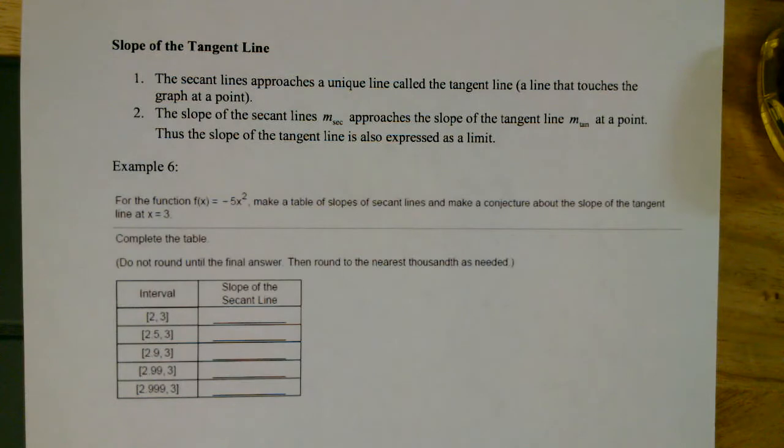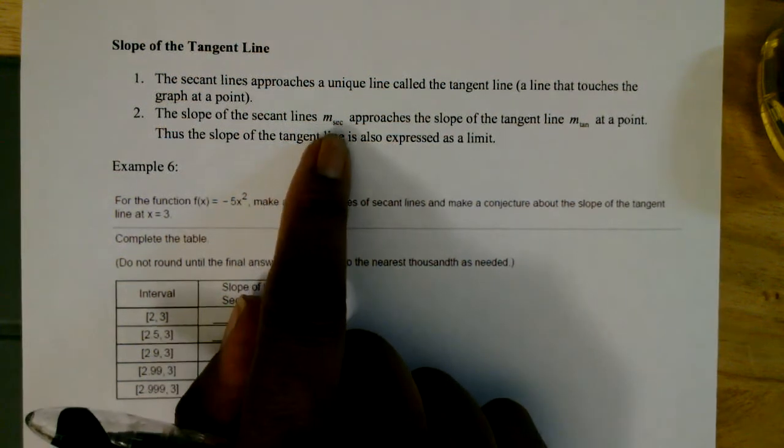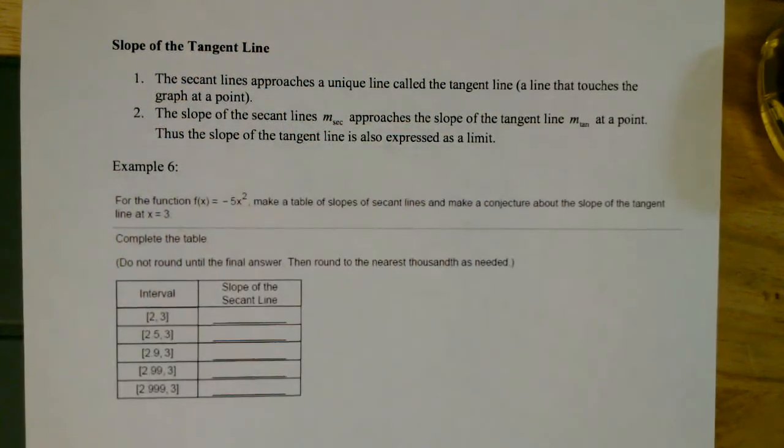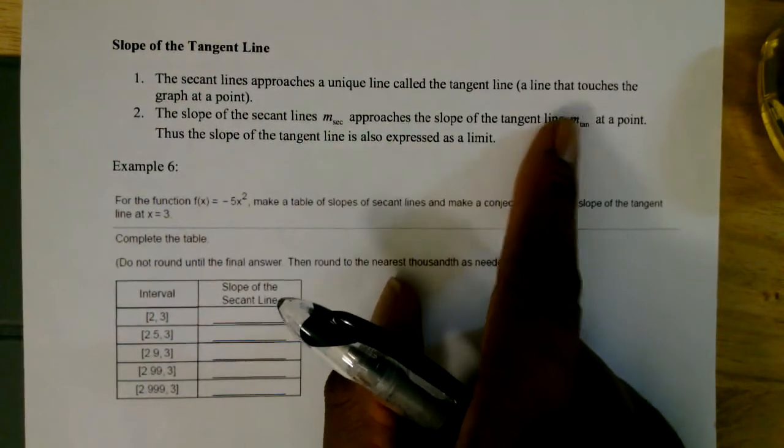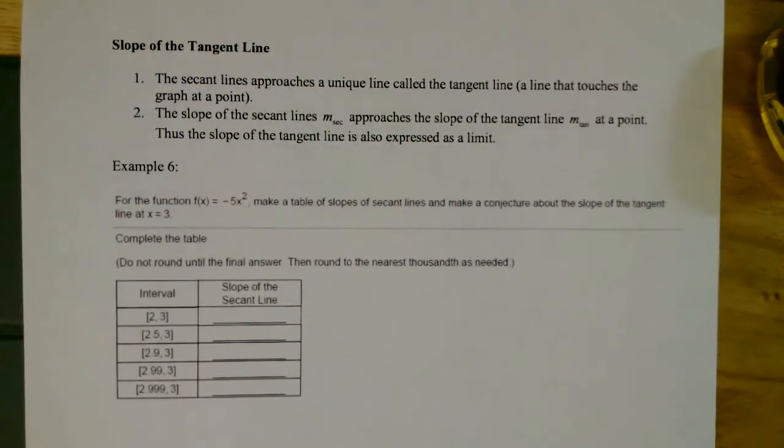Tangent line always touches the graph at a point. And the slope of the secant line approaches the slope of the tangent line. This is the notation, m tan, the slope of the tangent line at a point. So the slope of the tangent line is also expressed as a limit.